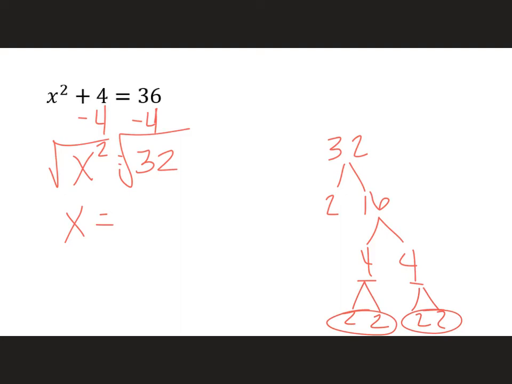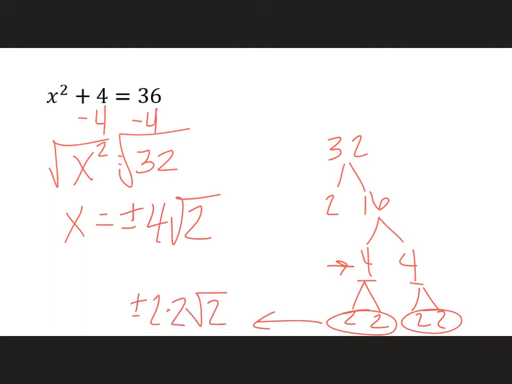That's still going to be a 4. The easier way would be to go ahead and stop here where you have a pair, which would be 4s, and then it's still going to be positive or negative 4 square root of 2. If you had done this one, you might have had positive or negative 2 times 2 square root of 2, but these should still be multiplied together. So our simplified answer would be positive or negative 4 square root of 2.